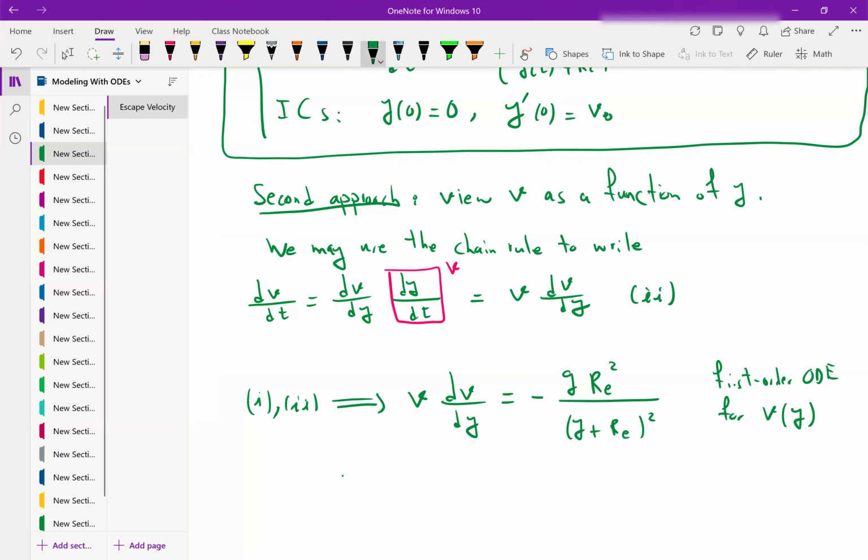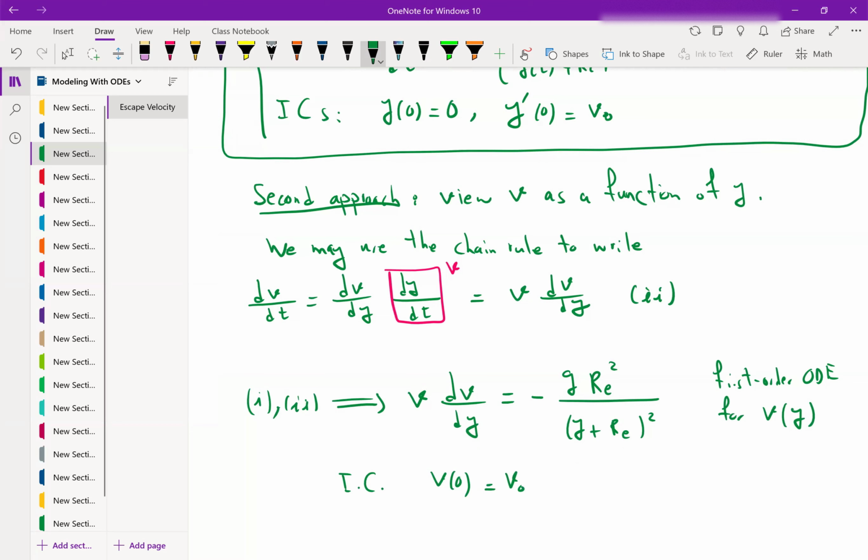And what will be our initial condition? This is a first order ODE, so I have only one initial condition. V at height 0, time is also 0. Remember, the 0 that you see here is height 0, y equals 0. But t equals 0 also corresponds to y equals 0. At time t equals 0, the projectile was on the surface of the Earth.